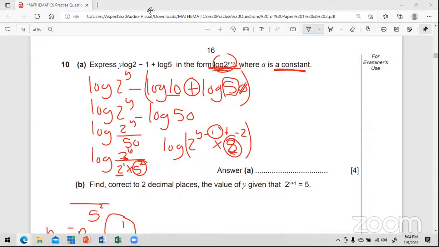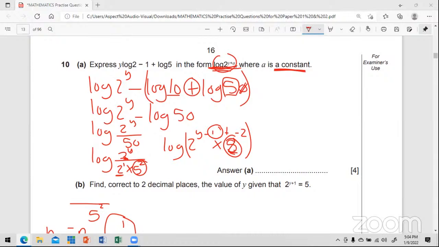Yes, Louis? Sir, if A can be any number, how is the A positive? Because they say 2A y plus A. Which number is positive? May you repeat again?